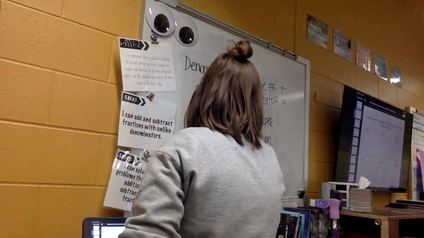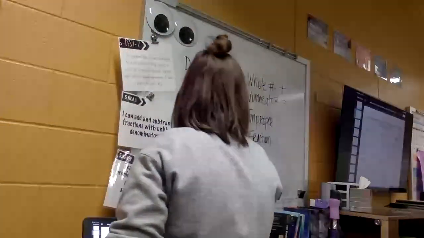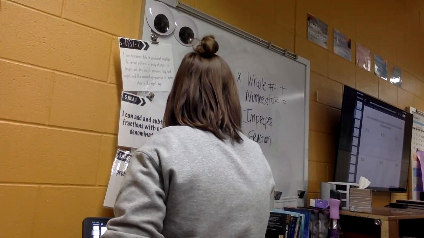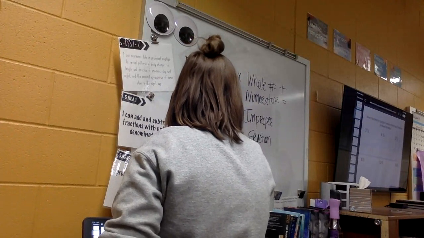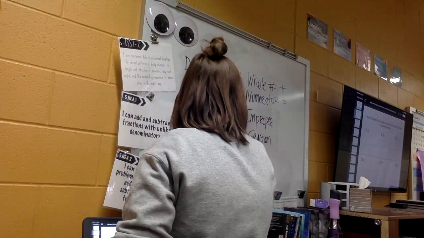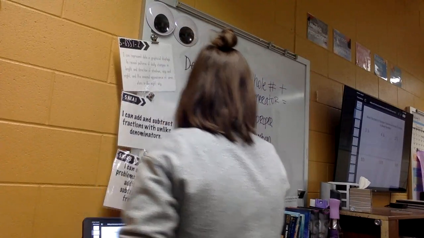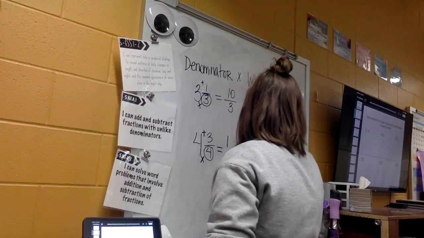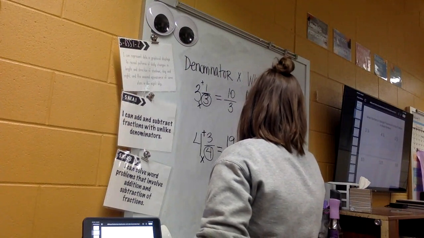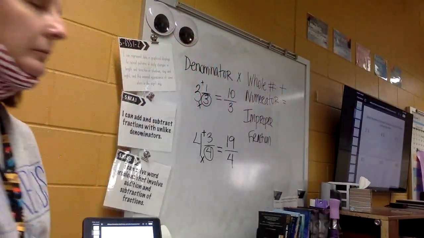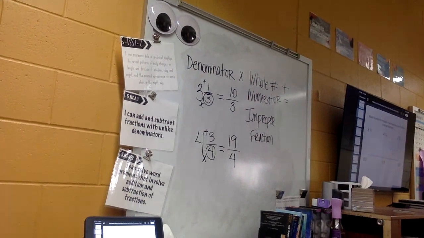I start with my denominator, and I do what? Times my whole number plus my numerator. So I get 19/4. It was 16. Okay?